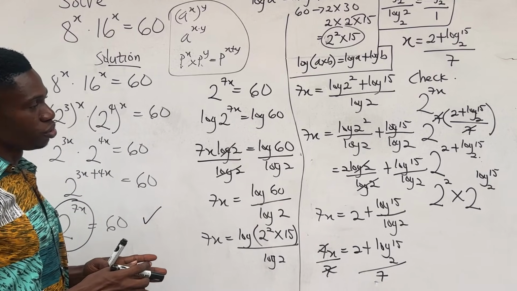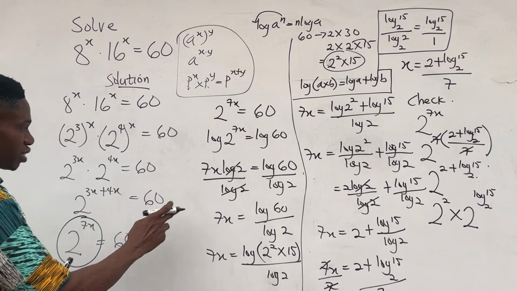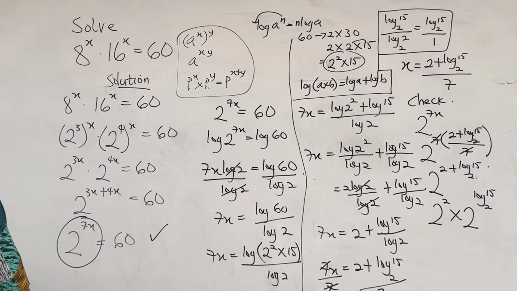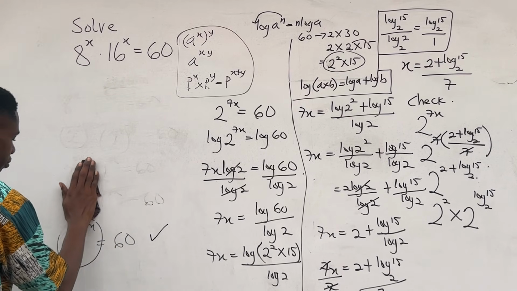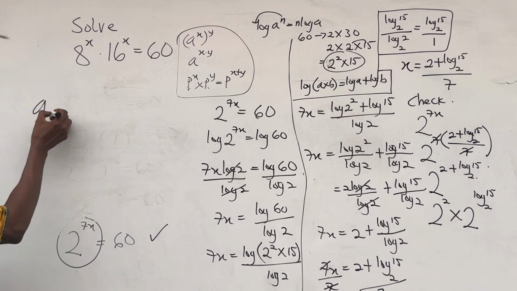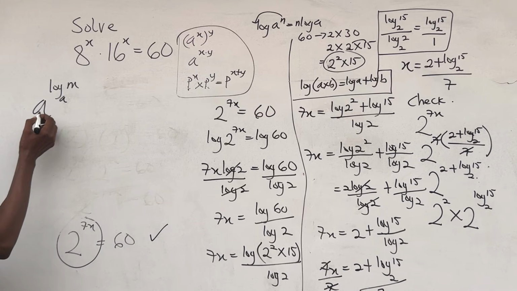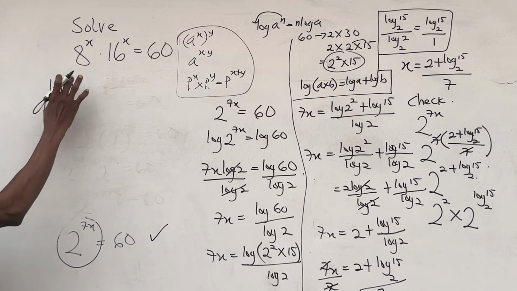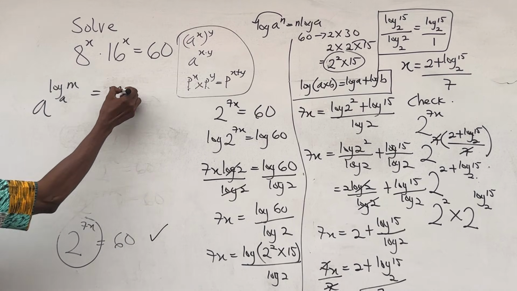And now a final law of logarithm I would like to explain. Okay, the law says that if you have, let's say, a raised to the power log m base a, that's if you have an exponent, and you have a number and the power of that number is a logarithm whose base is that same number, your answer is m.